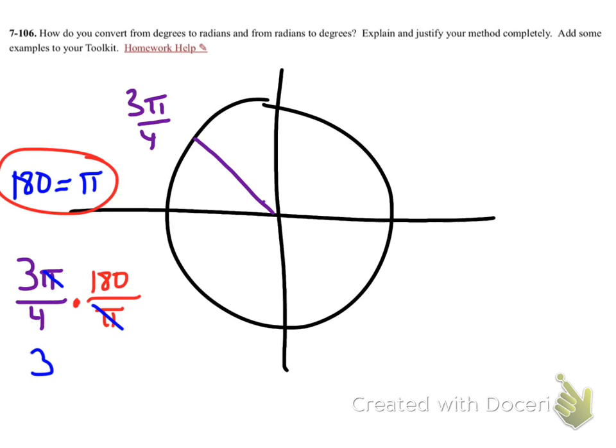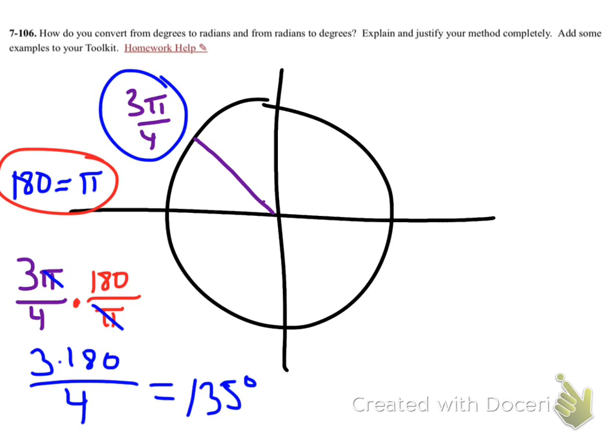So now I have 3 times 180 divided by 4. And now I just simplify to 135 degrees. So it does not matter what radian measure you have. Since I want to get rid of the pi in the numerator, I'm going to multiply it by 180 over pi, so those pi's will cancel out.